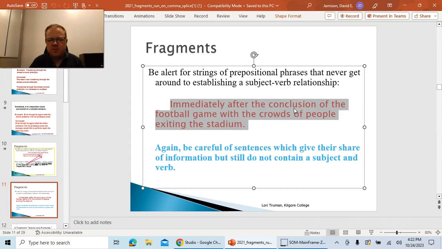But we still need to know what happened immediately after, in order for this to be a complete sentence. Immediately after the conclusion of the football game, with the crowds of people exiting the stadium, a thunderstorm started.